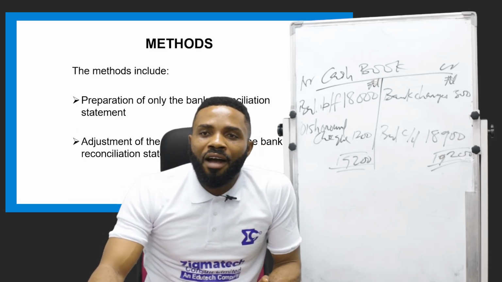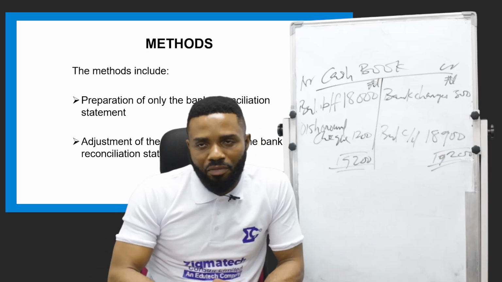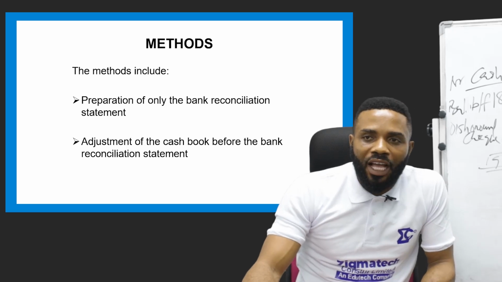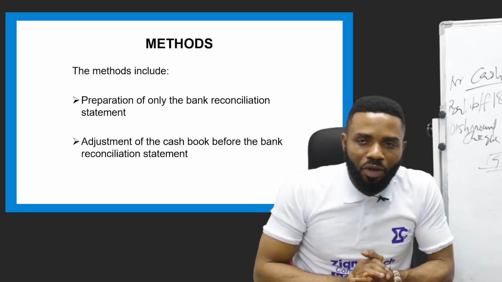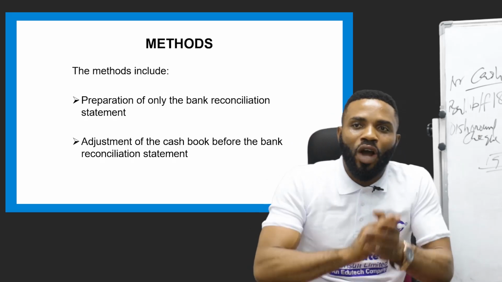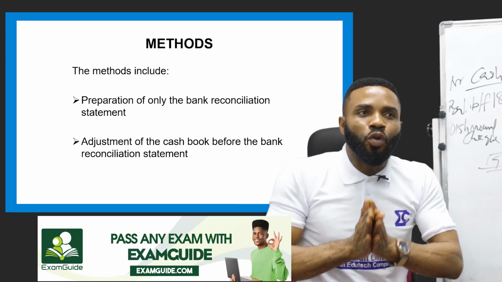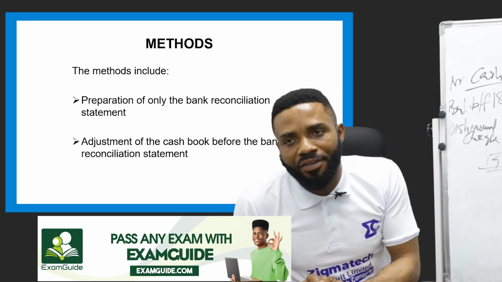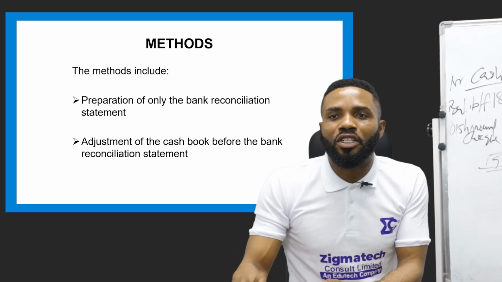The first method is that you prepare only the bank reconciliation statement, while the second method is adjustment of the cash book before the preparation of the bank reconciliation statement. What am I saying? You either prepare the bank reconciliation statement straight, or you adjust the cash book before you prepare the bank reconciliation statement. And then we are now going to focus on method 1.